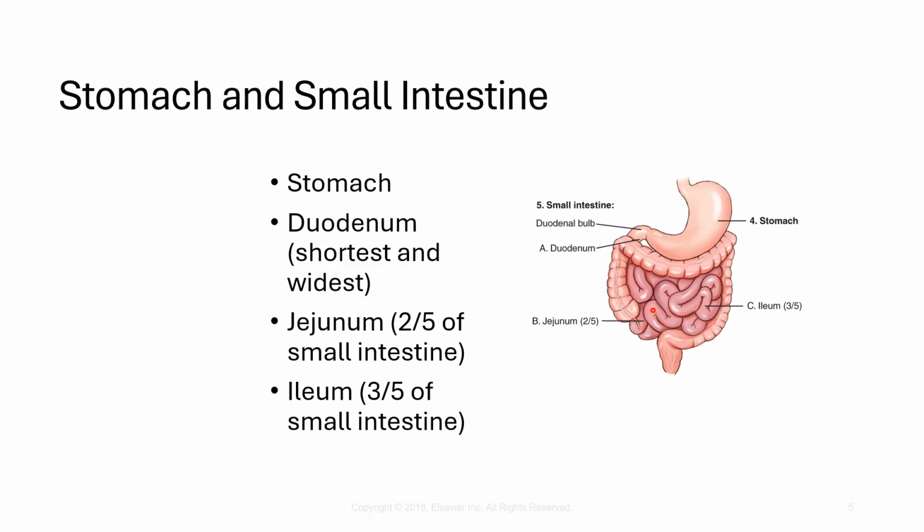So figure 3.4 on page 103 is correct. This picture does not look correct. The jejunum does make up 2/5 of the small intestine, and the ileum, and notice the spelling, it's different from the ileum in your pelvis, which is spelled I-L-I-U-M, but that makes up 3/5 of the small intestine. So shortest segment, widest, gets narrower, and the very narrowest is in the ileum.